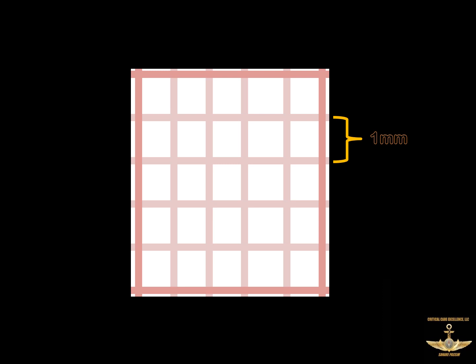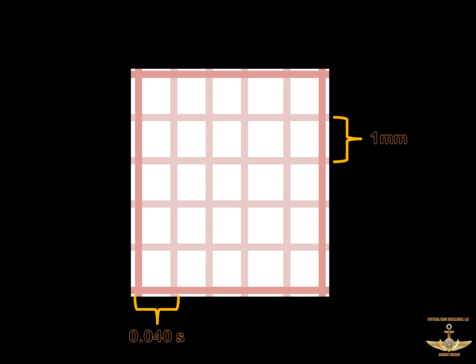So each one of the small blocks on the vertical axis equates to 1 millimeter. So it's 1 millimeter of length. Now that's going to equate to a voltage of 0.1 millivolt, which is not going to be important to what we're talking about here. That will be very important when you think about people who are having ST elevation MIs.